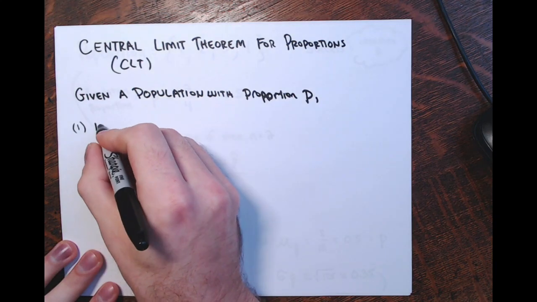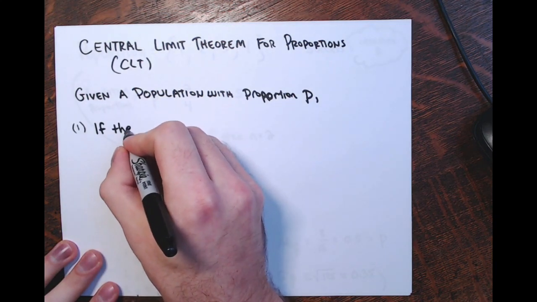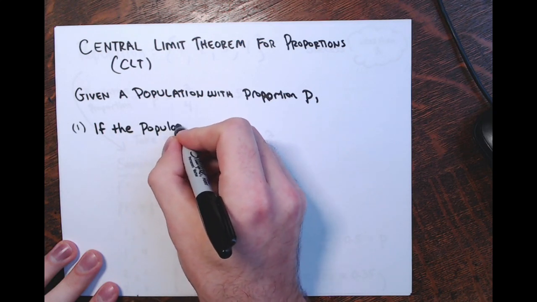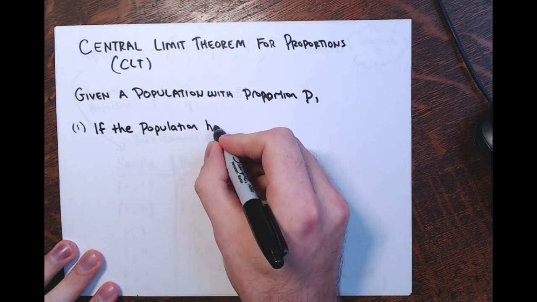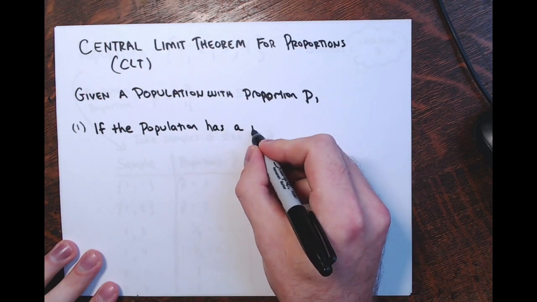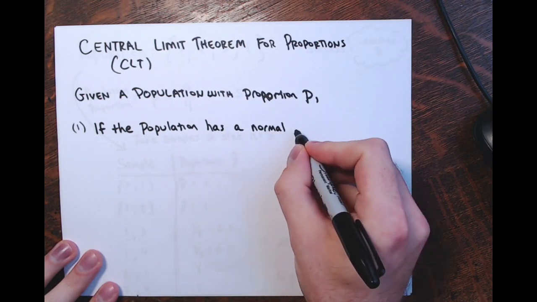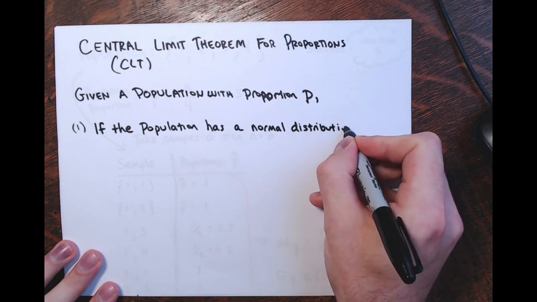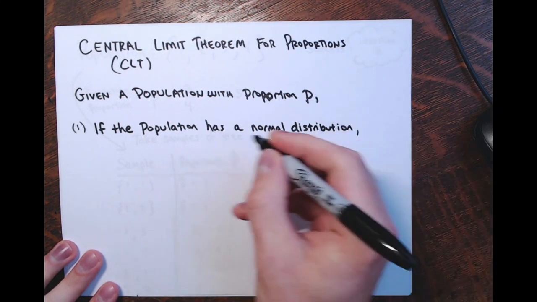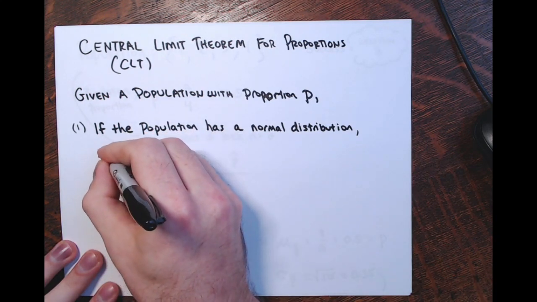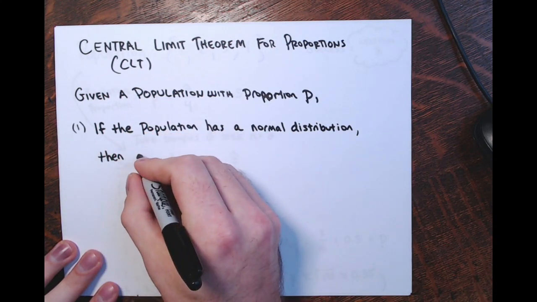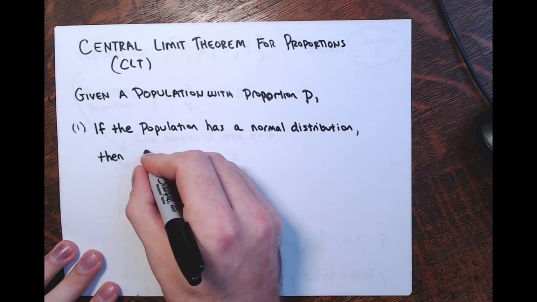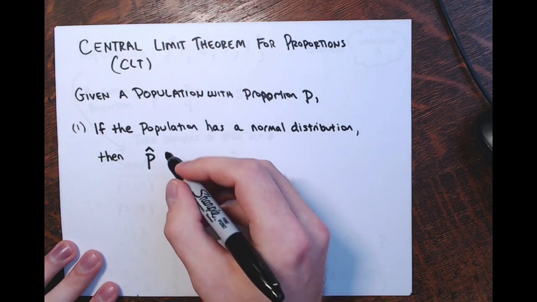If the population has a normal distribution, then the distribution of the p-hats will be normal.